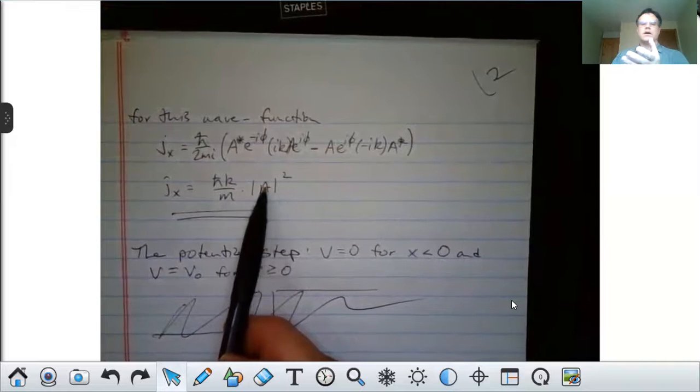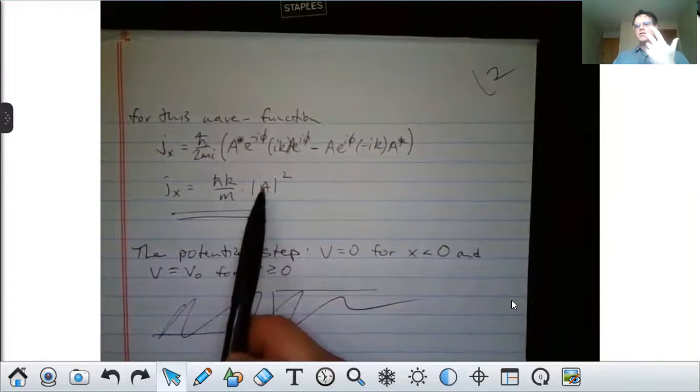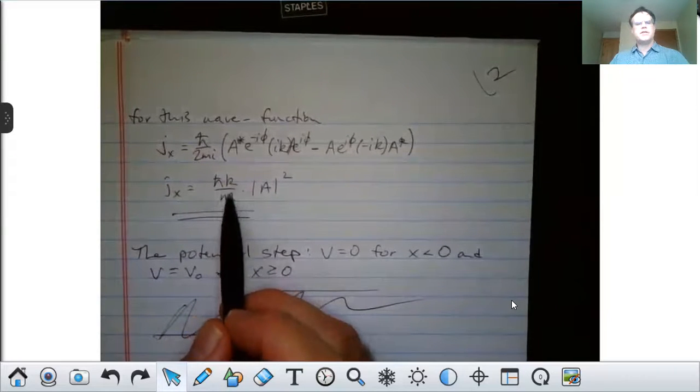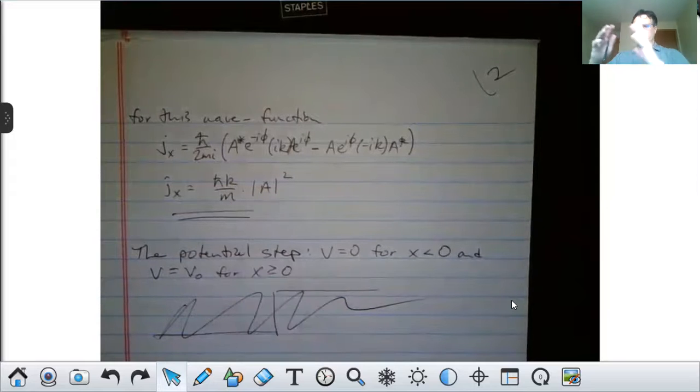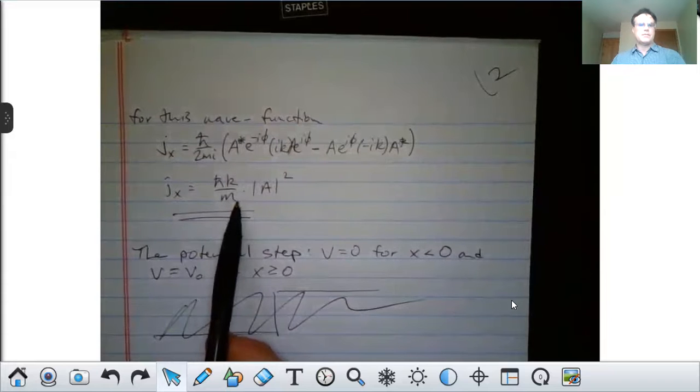Now recall, again, h bar k over m is really just the velocity. A squared is the square of the wave function, the magnitude of the wave function. So this is like a velocity times a probability density. And it makes total sense that this is a probability current. It's the probability multiplied by the velocity in the x direction.